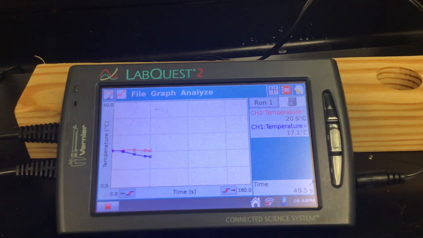And we'll do the same thing. We'll select a portion of the graph that was quite linear, so it gives us good data, and then we'll go capture the slopes of both of those lines.